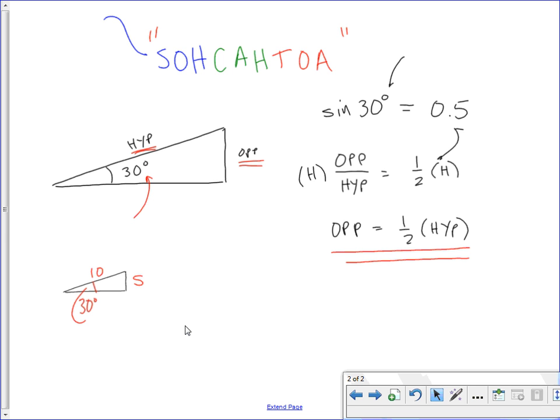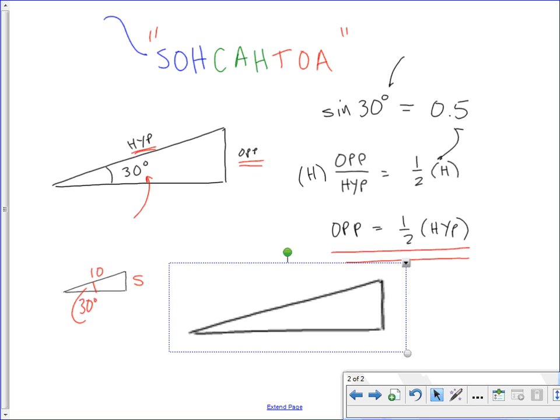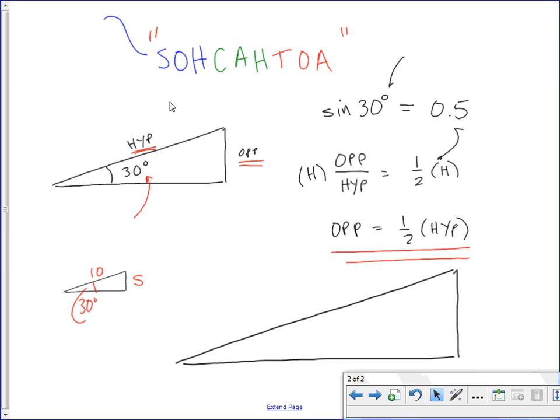If we take a different triangle that's bigger, and we say this one is 16, let's make it more of a physics example. These are vectors.